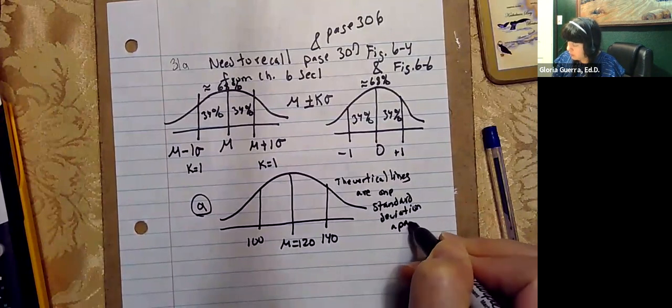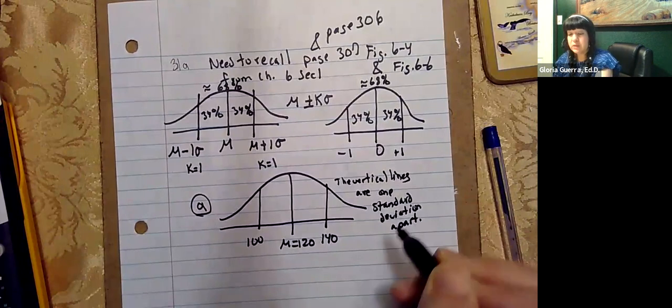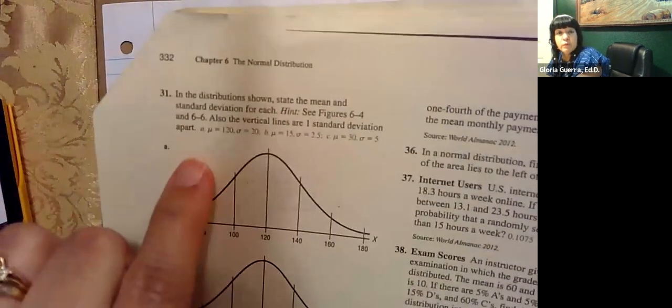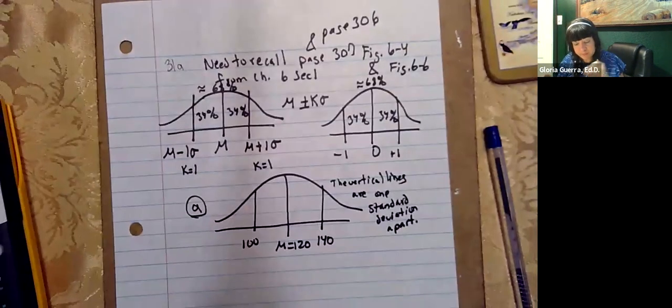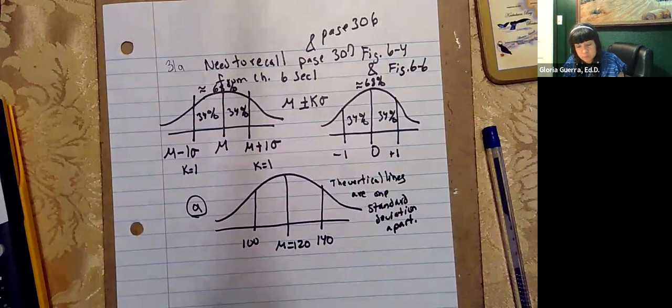I think I read that right in the readings. I think it said that vertical lines are 1 standard deviation apart. Okay, so I've got that. And what did they want you to find?